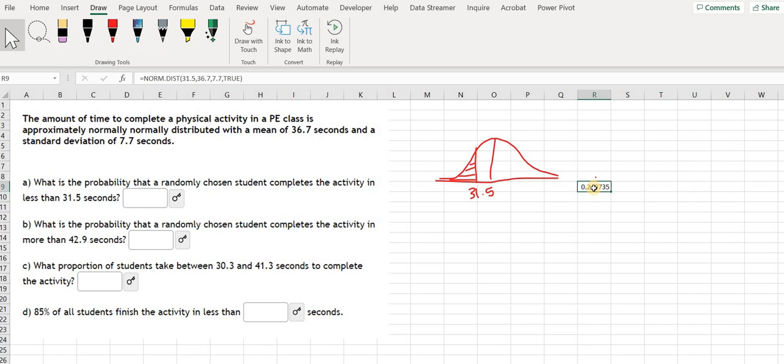This is the answer for the first part. So what goes here is 24 point, or 25%, you could say. But your answer should be in decimal form, so 0.2497.